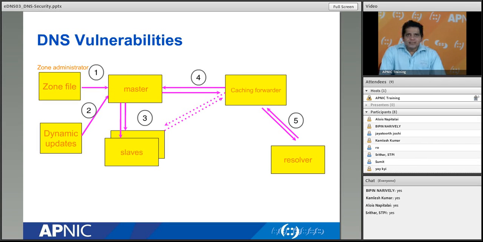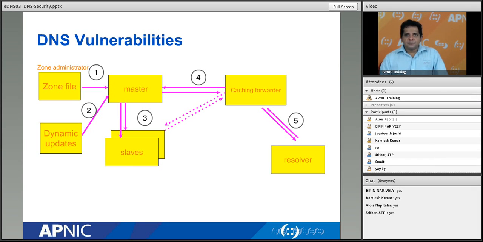Now, if you consider the DNS flow, or in other words, how data flows across our DNS infrastructure, there are lots of data flows here, but at the same time there are vulnerabilities.